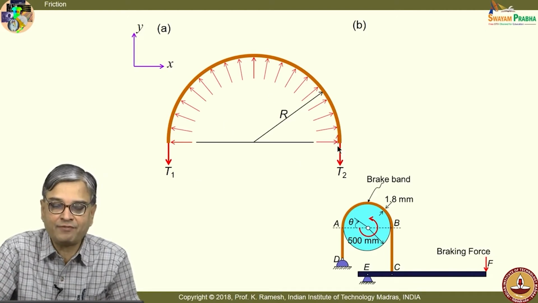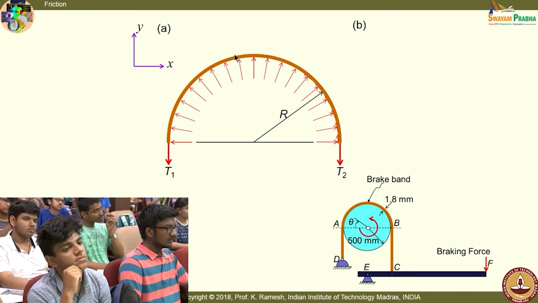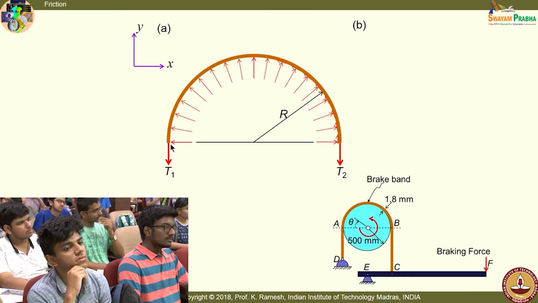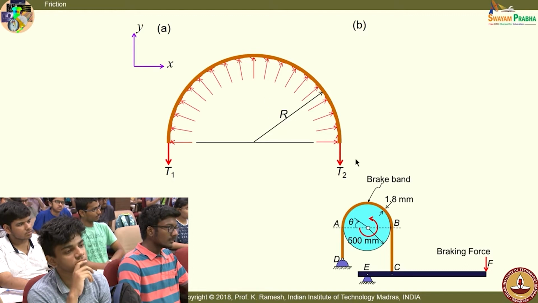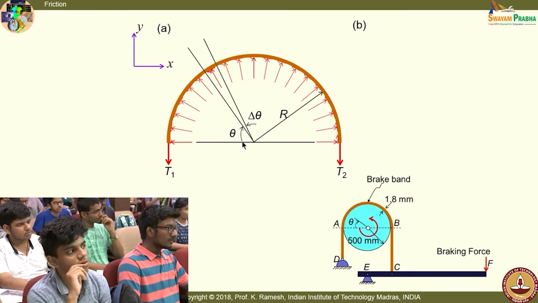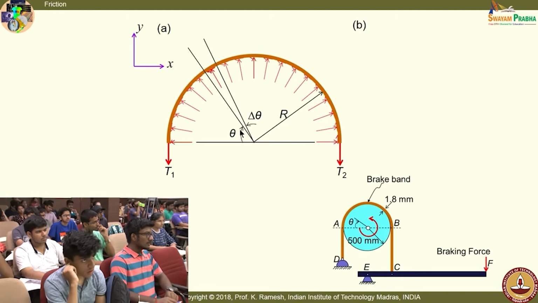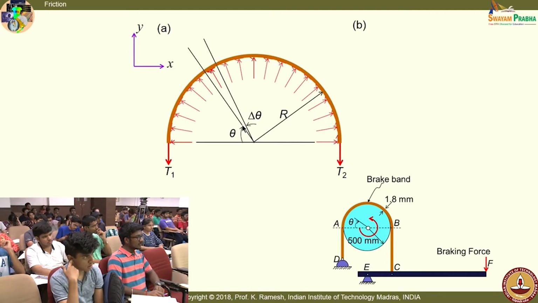Fine. So, I will have a frictional interaction all around the circumference of the belt. And if I have to analyze, I need to take a typical section out of it, and it is convenient to analyze it in a polar coordinate system. So, I will take a section at angle theta. I have taken it from clockwise, and I take a small segment delta theta.